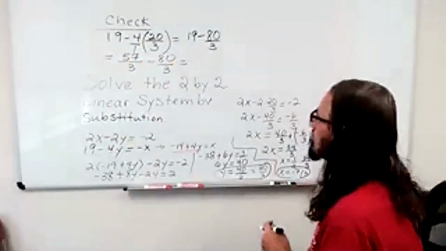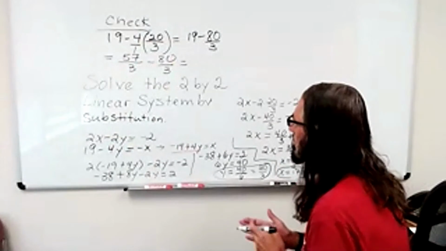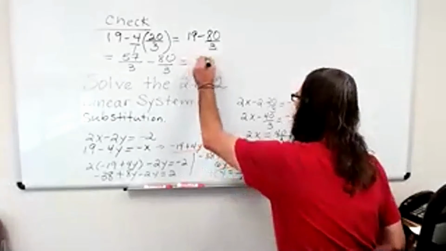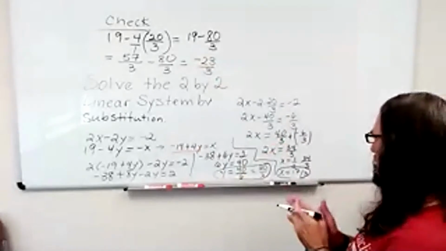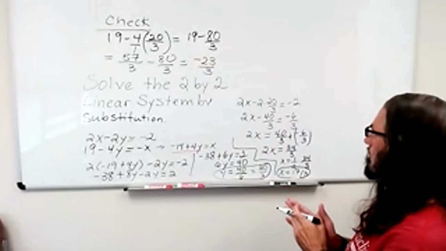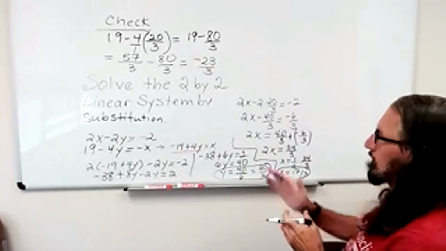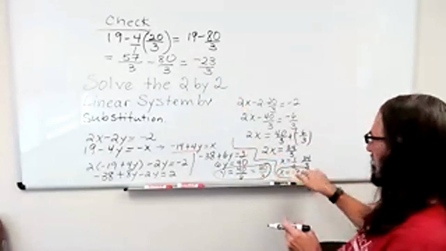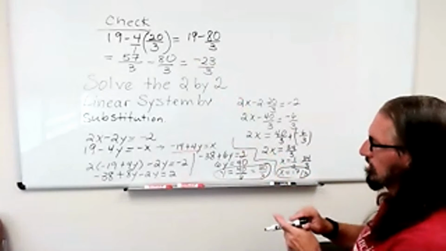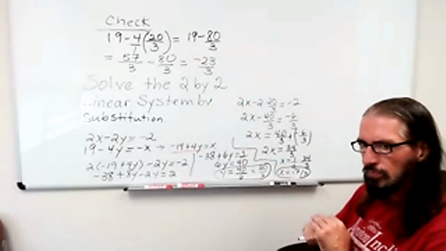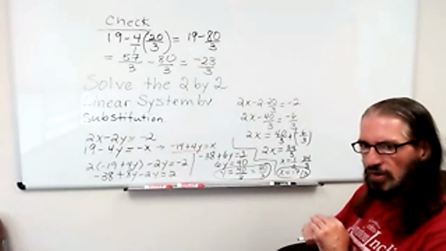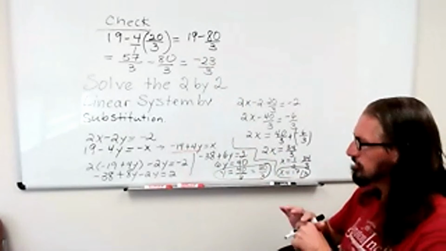And that's 57 minus 80 is negative 23. The negative of that is not 17/3. So a mistake has been made here somewhere. Let's see if we can find it and fix things up.